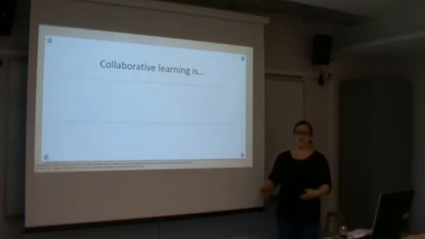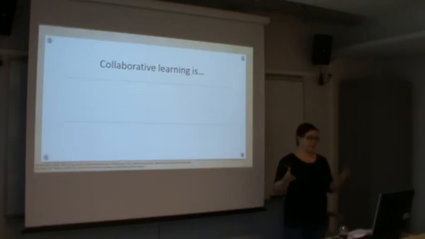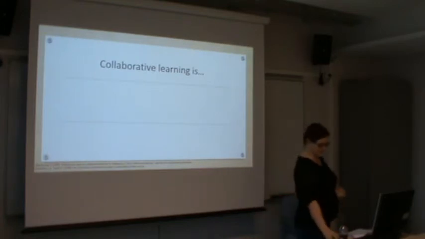Well, there is no one and only definition that every researcher would believe in or agree on. There are multiple definitions and they have similarities, but there are also differences. But how can we define collaborative learning?